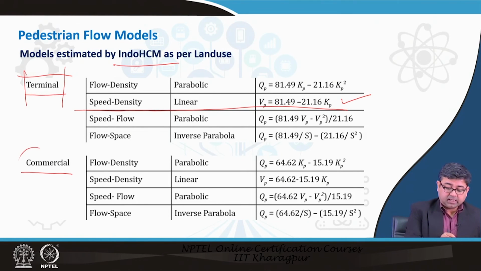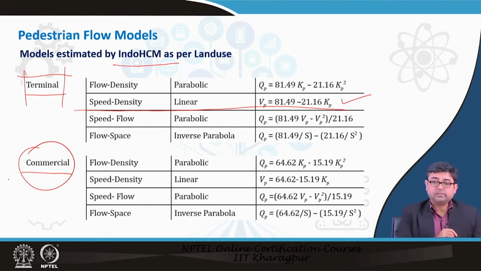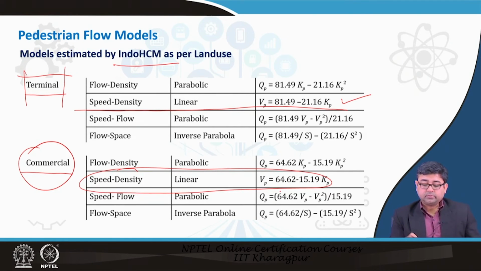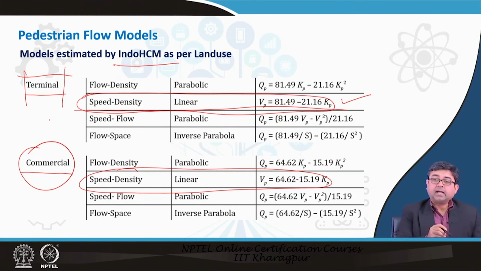Whereas, if the facility is in a commercial place, so it is a sidewalk going through a commercial place, then you see that the speed density relationship is 64.62. So, immediately what this should tell you is that at terminal places, the free flow speed of pedestrians is higher when compared to commercial places.